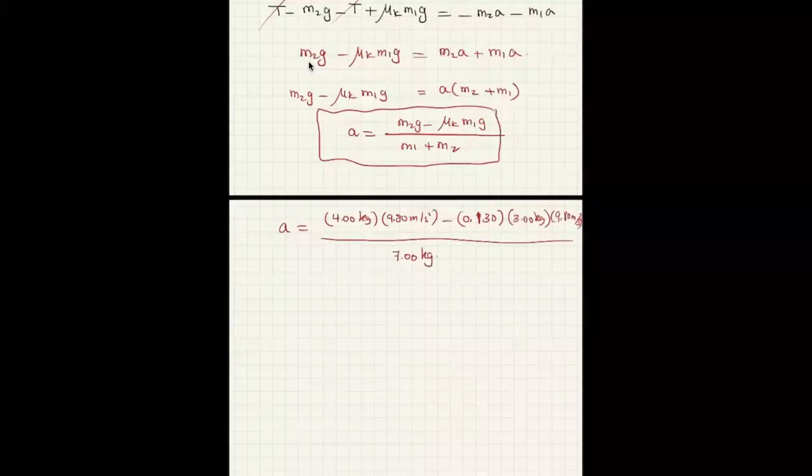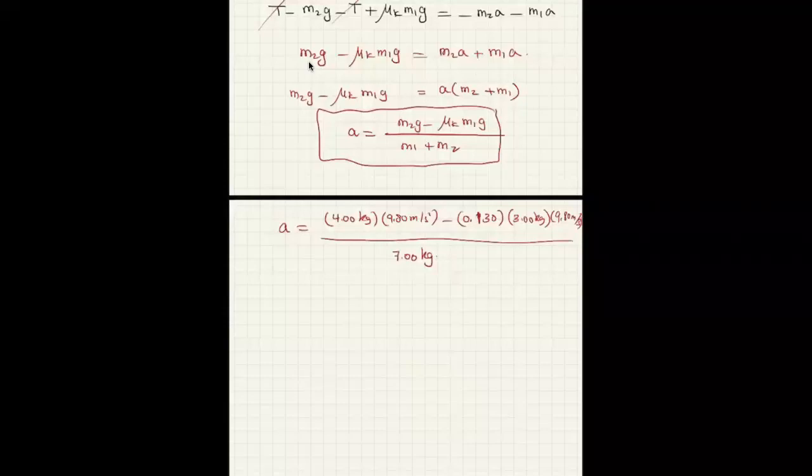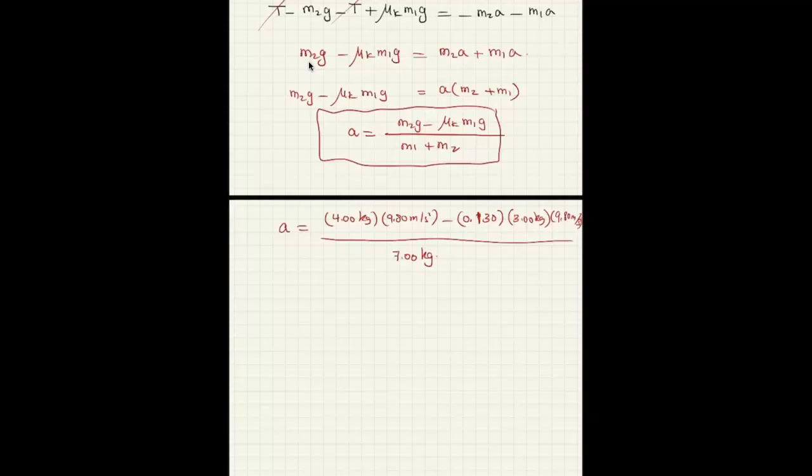You need to calculate that. Okay, I need to calculate that, which is going to be 0.13 first, times 3 times 9.8. This number is going to give me 3.822. Is it? Yes.